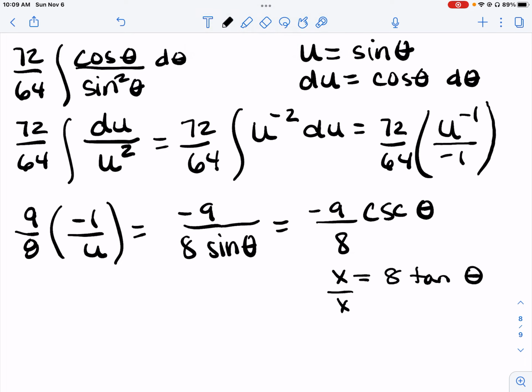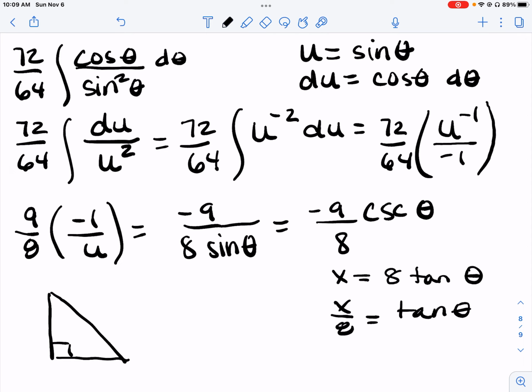So x divided by 8 is the tangent of theta. Okay, here's our right angle. If this is theta, the tan is opposite over adjacent.